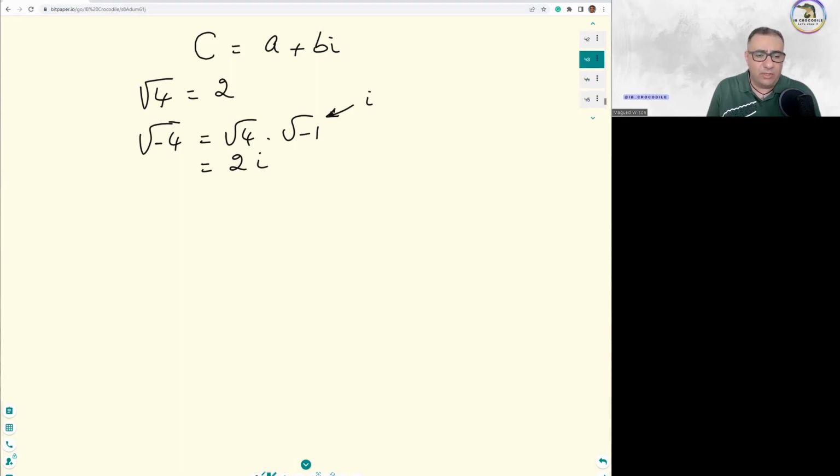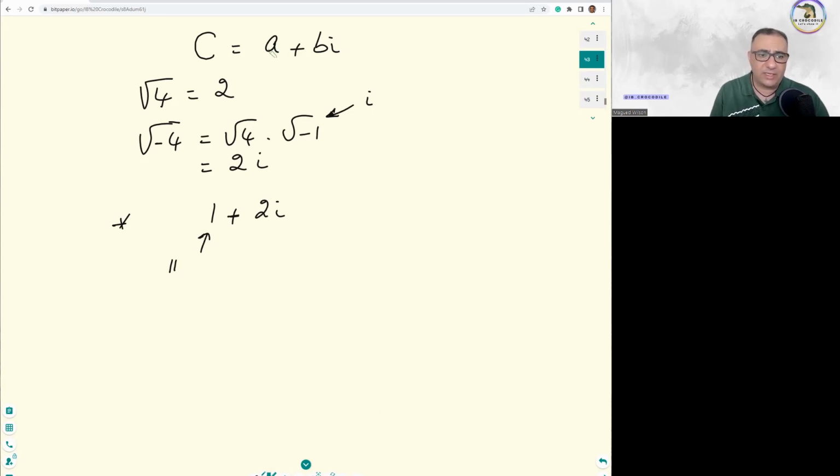Now let's have another example. Let's say a complex number, I don't know, 1 plus 2i. This is just a Cartesian form of a complex number. We call this the real part, so 1 here, or a, or x, whatever symbol is used.